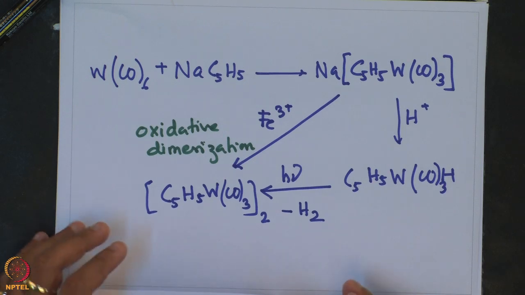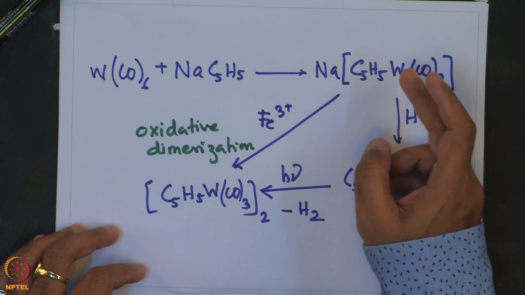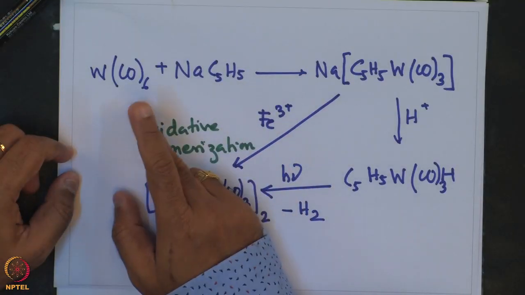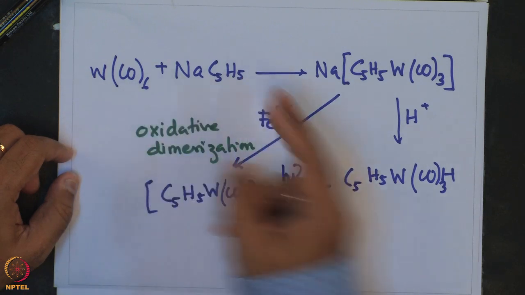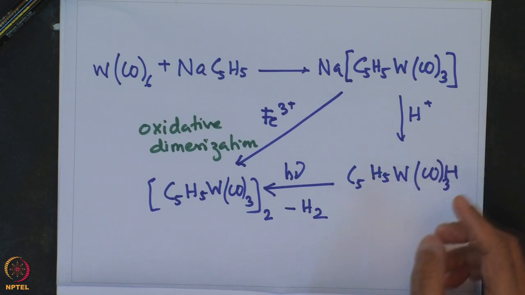So, this is an interesting way of synthesizing cyclopentadienyl metal tricarbonyl complexes by the direct reaction of tungsten hexacarbonyl with a cyclopentadienyl reagent. In this case, it is sodium Cp.